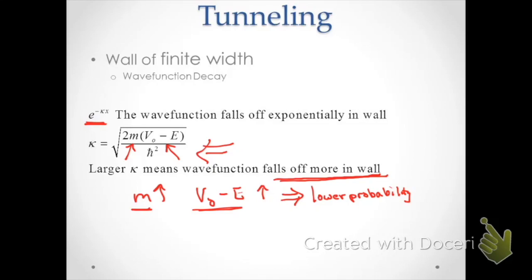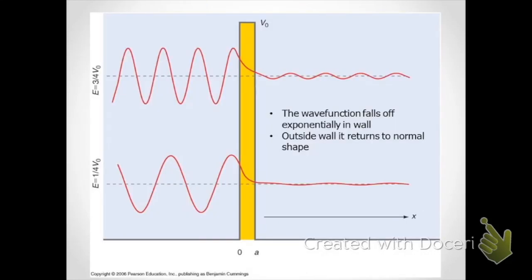Okay, so let's take a closer look at this. Here we have a diagram that shows the wall of finite width, and you see here's our wave function for two different states inside the box. One state, the lower energy state, where the total energy is 1/4 of the wall height, the potential energy, and the other where it's 3/4.